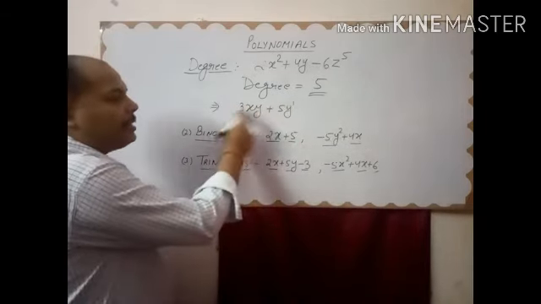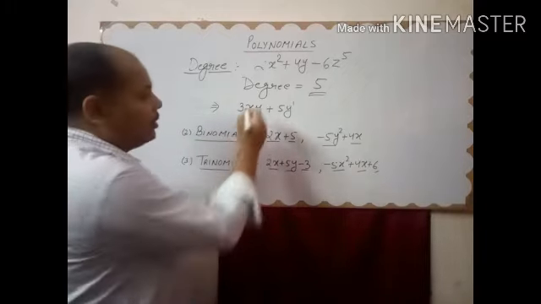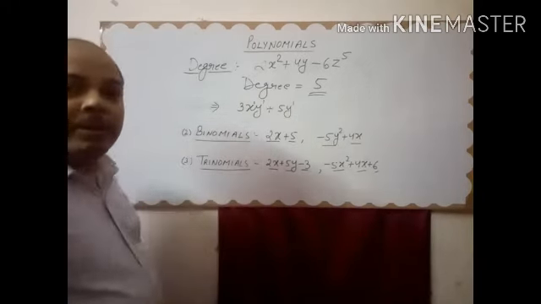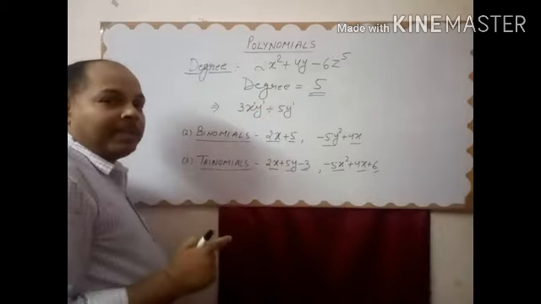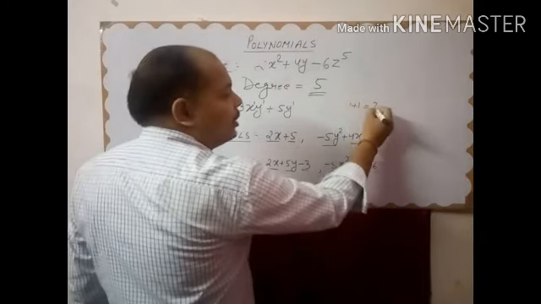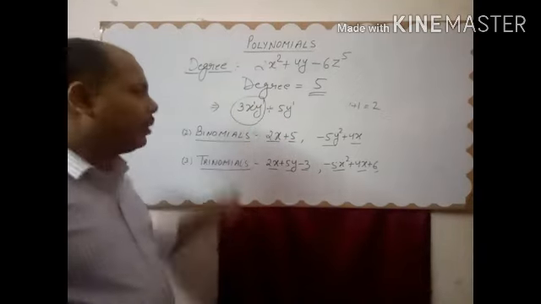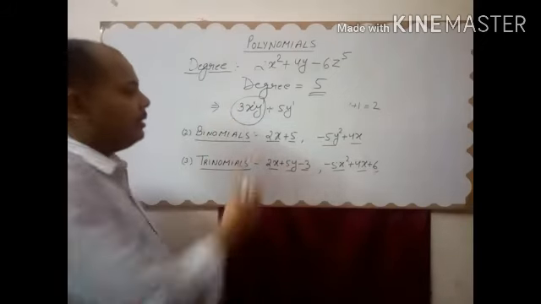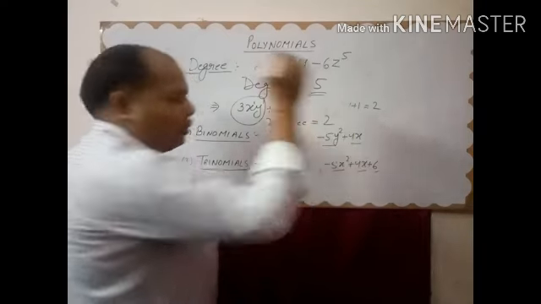Here in this term there are 2 variables x and y, and both have power 1. Because these 2 variables are in multiplication, we will add the powers here. So for this term, the total power will be 2. So you can say, sir, the degree of this polynomial will be 2.